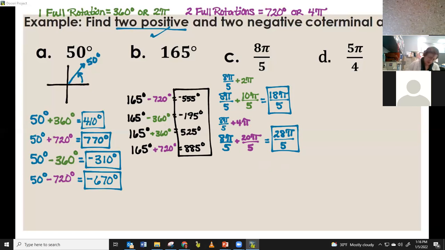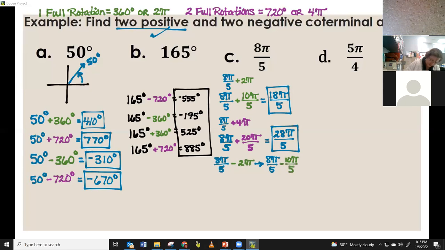Yep. So 8 pi over 5. I'm going to subtract 2 pi, which means I really want to look at this how. I don't want to write that down as 2 pi. I want to write that how so that I can actually do it. Minus 10 pi over 5, yes.